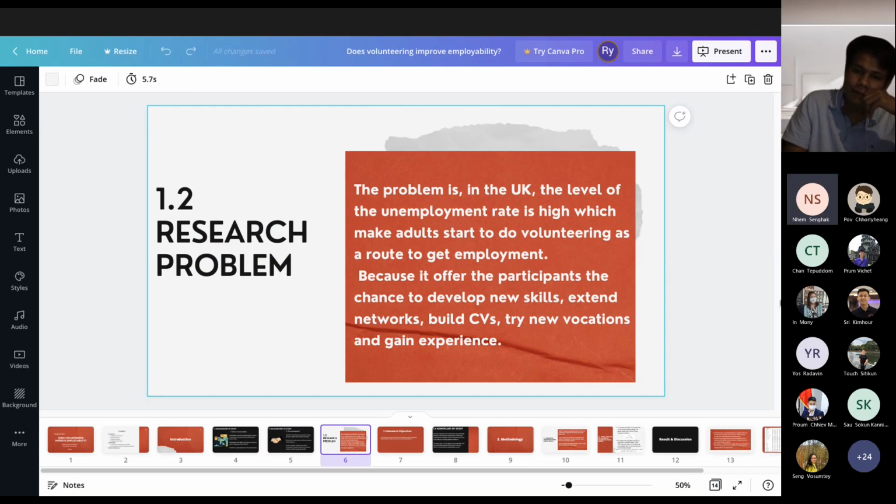So let's move to the research problem. The problem of this research is the unemployment rate in the UK.